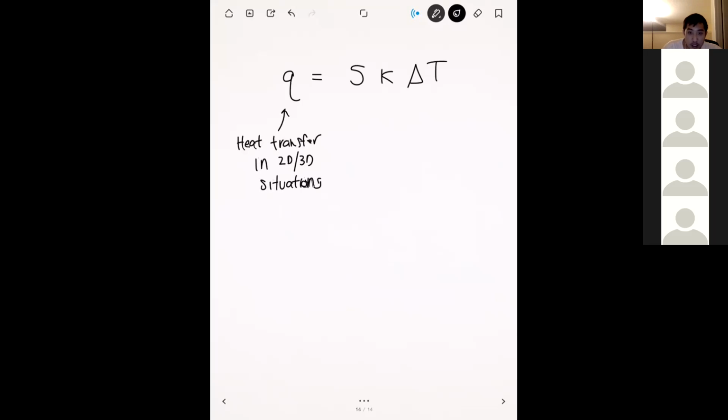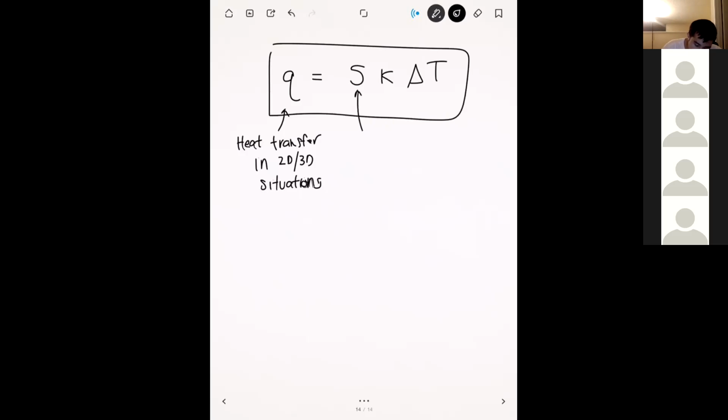Okay? And so if we want to solve for the heat transfer, okay, and so this is heat transfer in 2D situations or 3D, okay? This is going to be equal to something called S, where S here is our shape factor, multiplied by K, where K here is our thermal conductivity, multiplied by delta T, okay?